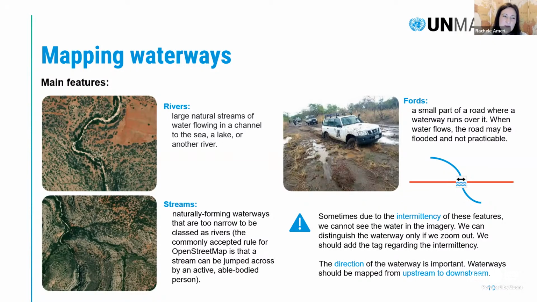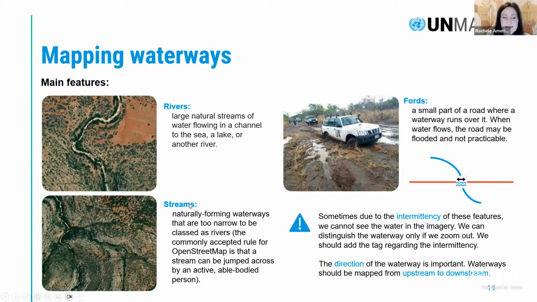Also, we should think that in this area, we don't have water all year long. And maybe sometimes we don't have water at all for years and years. So maybe sometimes we find a waterway that seems a river, but in the end, it will not carry water, unless just a very narrow channel of water that you can jump.